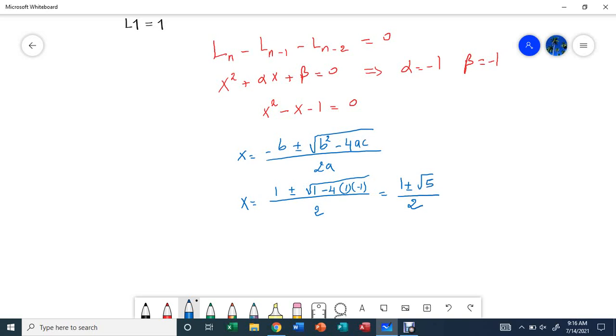So that means L_n is a, which is a constant, and it does not matter which root you put first.